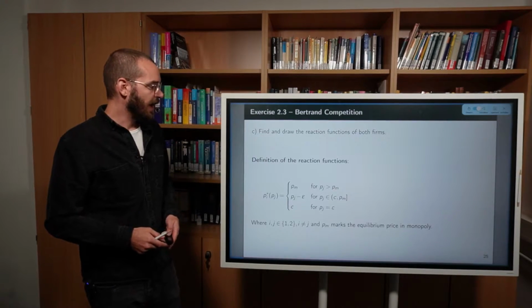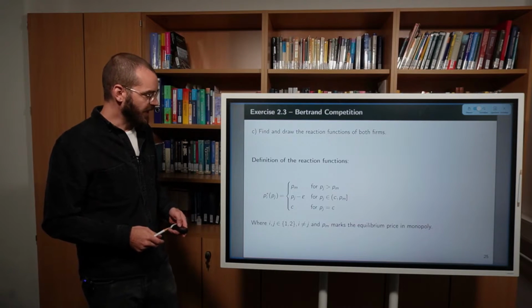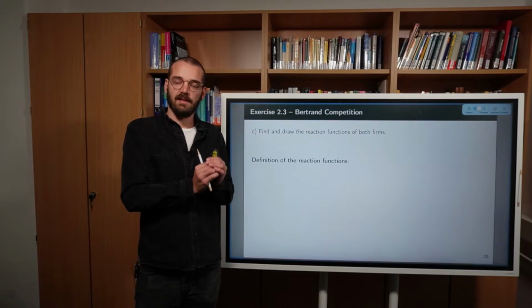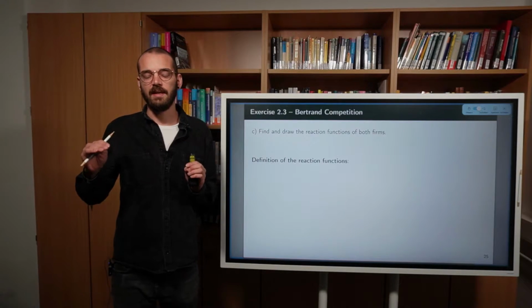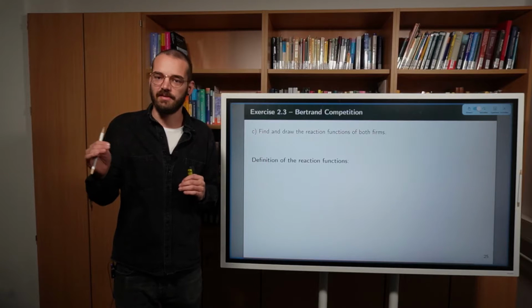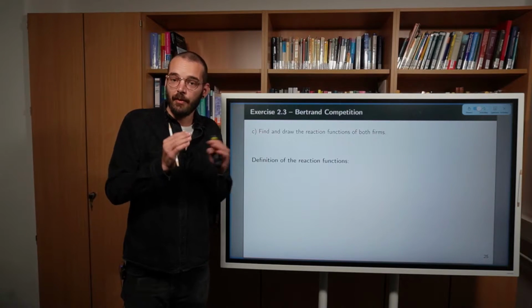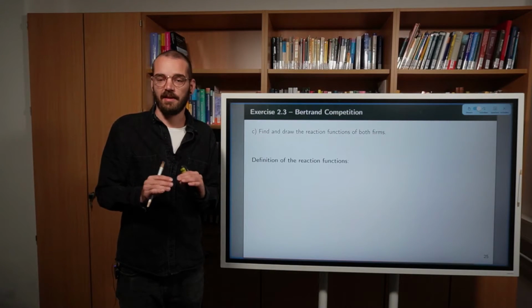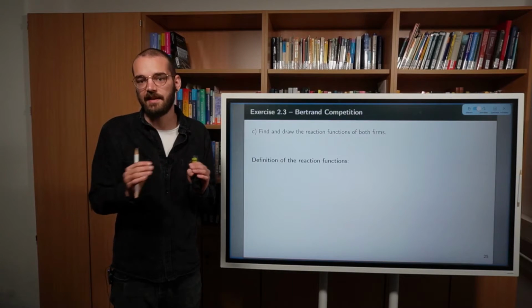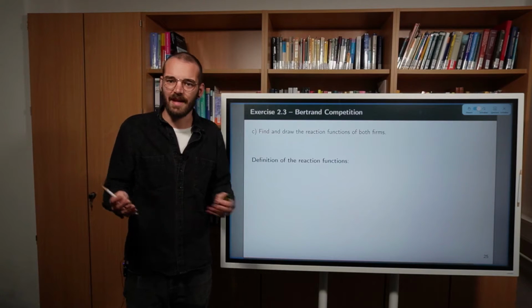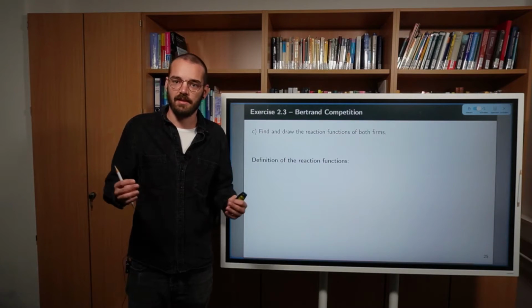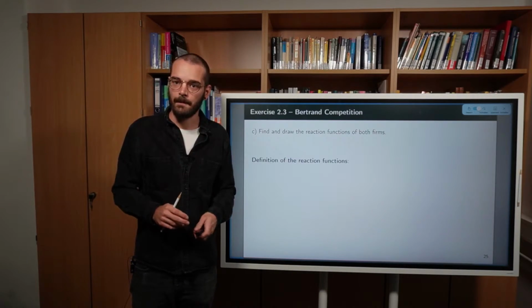I already indicated that this reaction function cannot be a well-defined and continuous function, because firms will keep undercutting until they cannot undercut, and then they will just set a constant price equal to marginal cost. So this cannot be a continuously defined function.